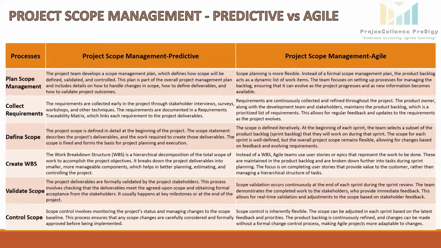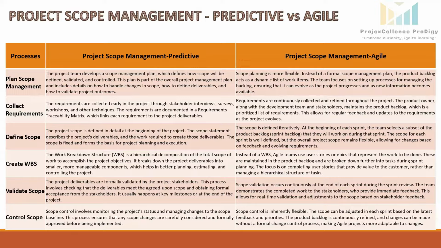We call it epic to represent the work. So these are kept in the product backlog and are broken down into smaller tasks during the sprint planning. The focus is on completing work that adds value rather than managing a complex hierarchy of tasks.